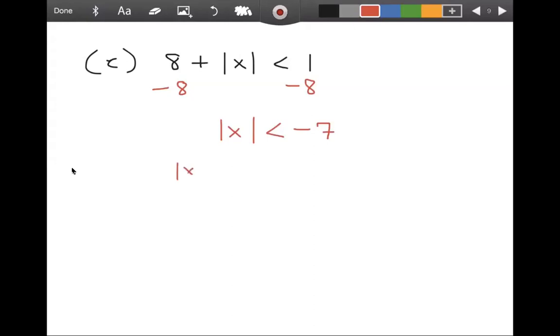Absolute value of x can't be negative. So there are absolutely no values of x that will make this true. This inequality has no solution. Which, remember, we use this symbol for no solution. All right, that's it. Nothing more to do.